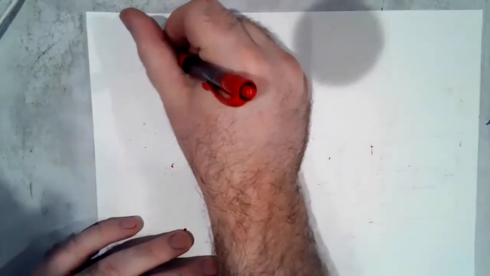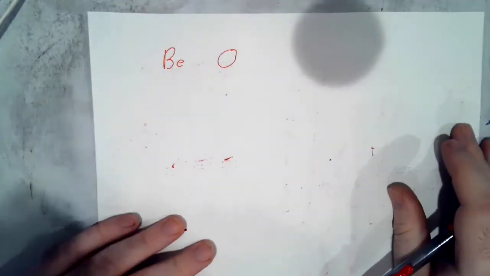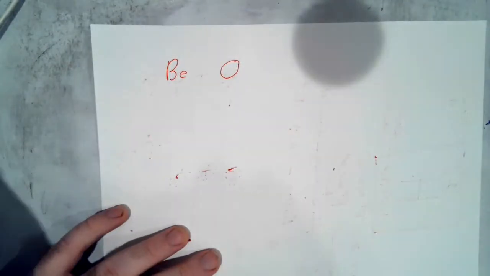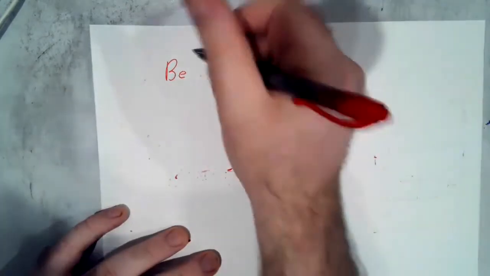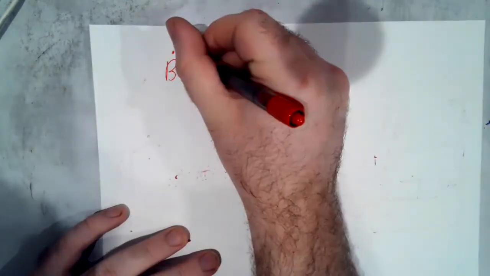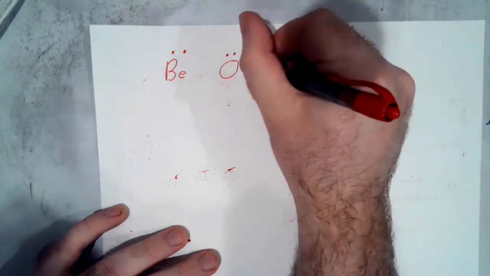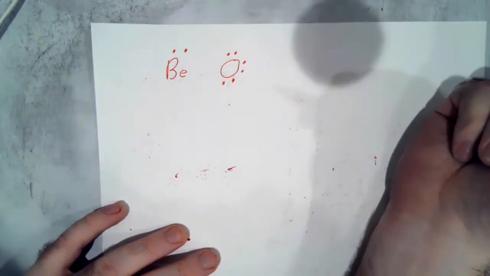So earlier we talked about beryllium and oxygen, right? I'm going to do this 2 different ways, so hopefully you'll understand it. Talked about beryllium and oxygen. So beryllium has 2 valence electrons. Oxygen has 1, 2, 3, 4, 5, 6 valence electrons.